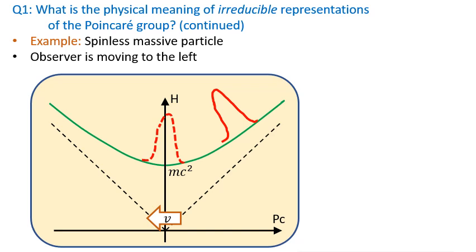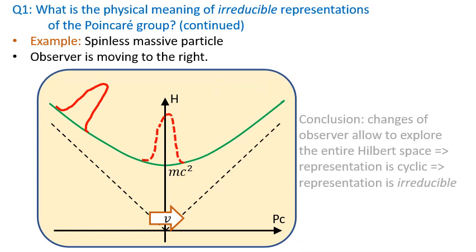The observer moving to the left with velocity v will ascribe a different wave function to the same particle. The new wave function is obtained from the old one by application of the boost operator. Apparently, the new wave function will be localized around a non-zero value of momentum. For an observer moving to the right, the particle momentum will be negative.